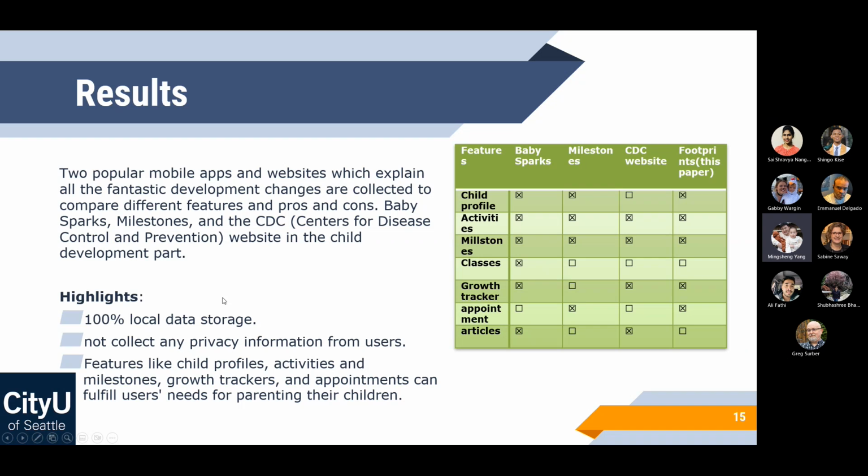Our highlights are that we are using 100% local data storage, so you don't need internet when you run this app, and we are not going to collect any private information from users. Features like child profiles, activities and milestones, growth trackers, and appointments can fulfill users' needs for parenting their children.